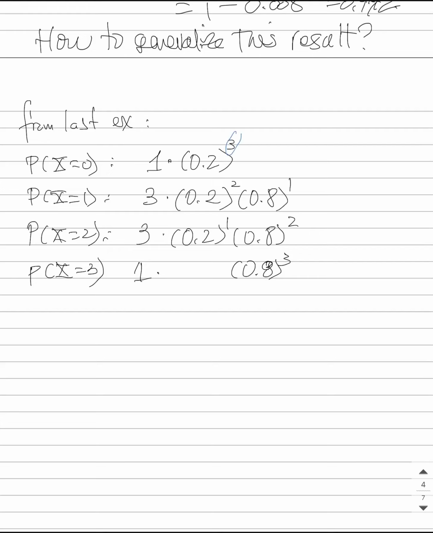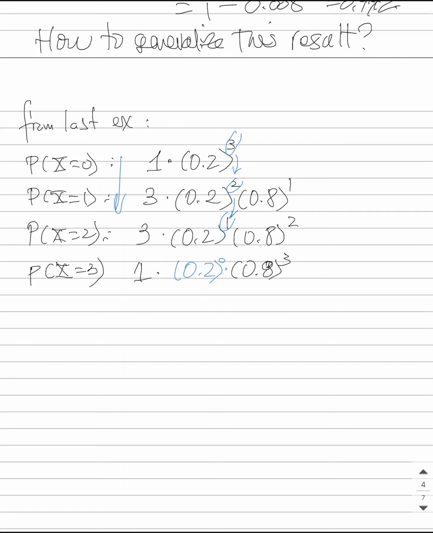The power of the failures changes by 1. In this case, as I go from x is 0, means I have 3 failures. This decreases by 1 as I go through my list that way. And in fact, you could and should interpret this last one as having 0.2 to the power of 0. So anything to the power of 0 is 1.